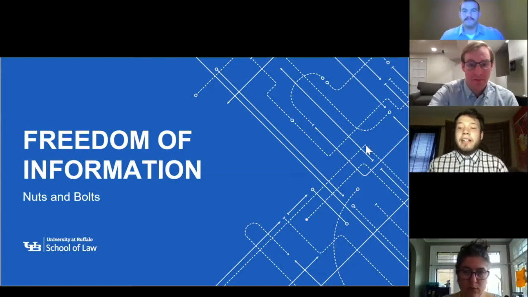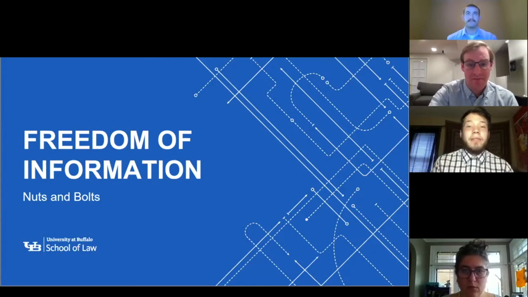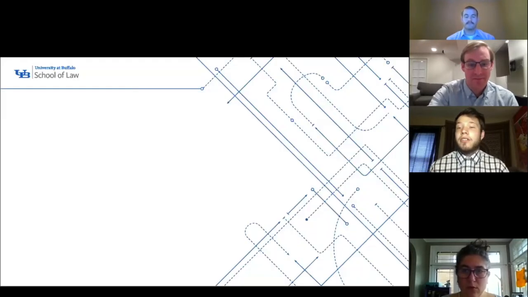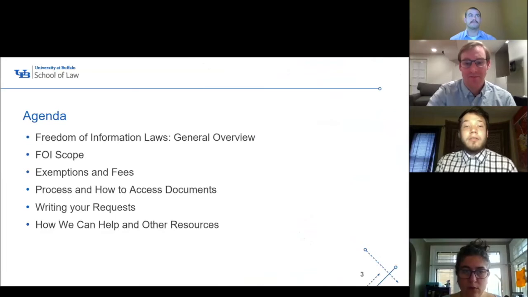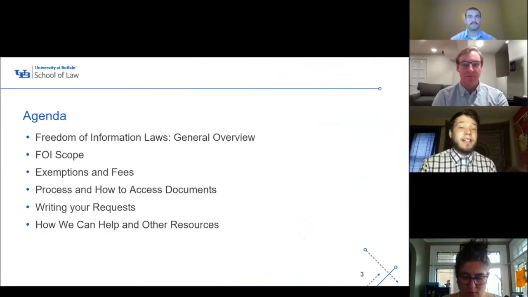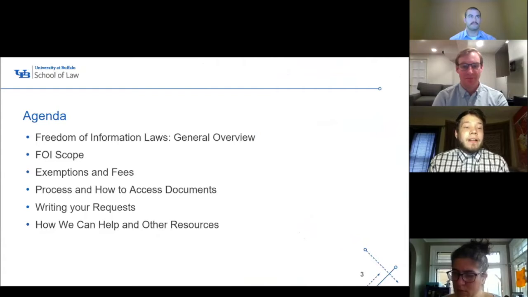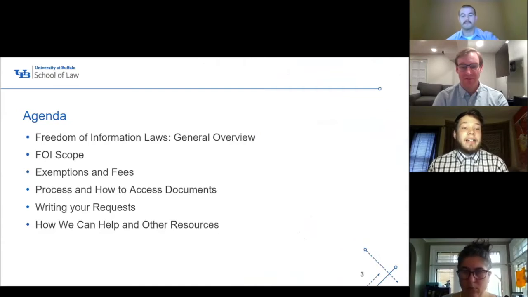Thank you, Mike, and thank you everyone for joining us this morning. My name is Keith Jensen, and I'm a student attorney with the University of Buffalo's Civil Rights and Transparency Clinic. I'm going to start with going over our agenda for today. I'll give a general overview of freedom of information laws, also provide a scope. So what do freedom of information laws cover and what do they not cover?